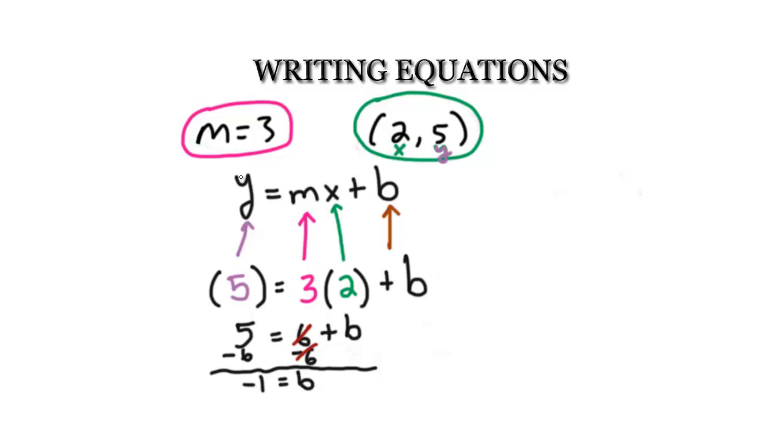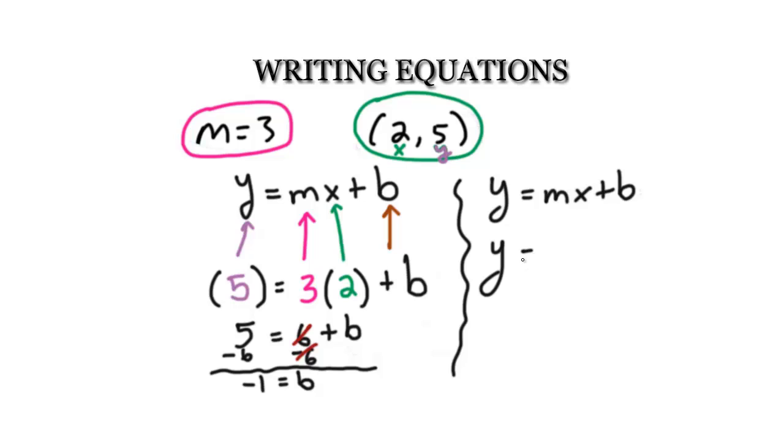B is -1, and we also know the slope. It was given to us, and it's 3. And we can go ahead and just copy this formula over. Y equals mx plus b, but we will replace the m and the b that we found. Right? So now keep the y the same. The m, right? That's just the 3. Keep the x the same.